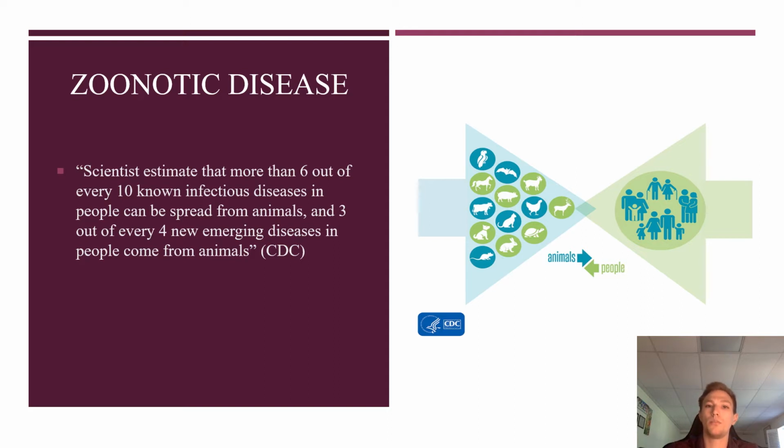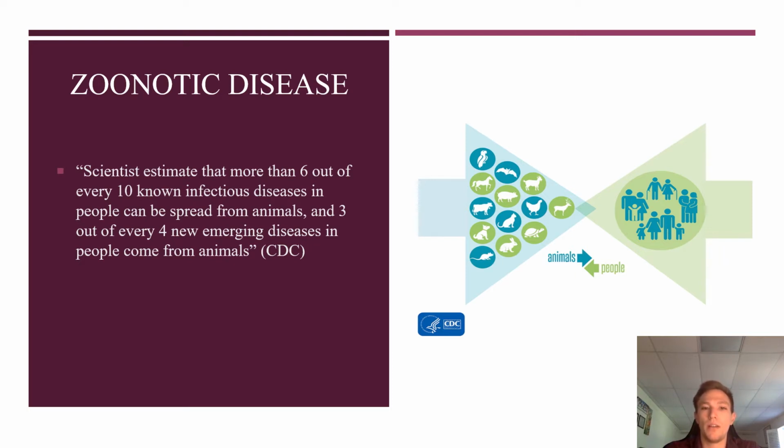And along with this mergence, more and more zoonotic diseases are expected to grow in a linear fashion. So as the human population continues to encroach on the animals' habitats and environment, it is expected that the emergence of new zoonotic diseases will grow with that convergence.